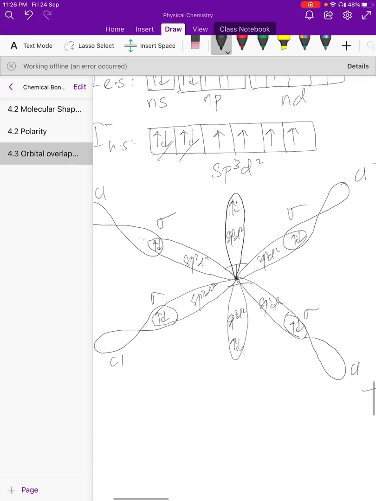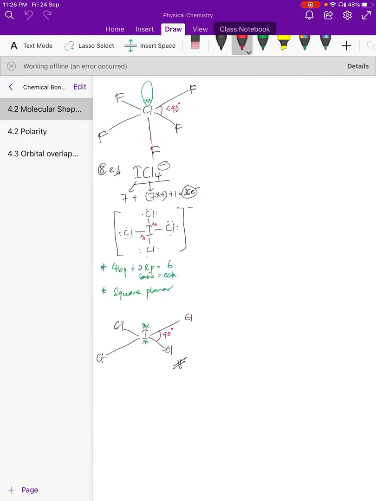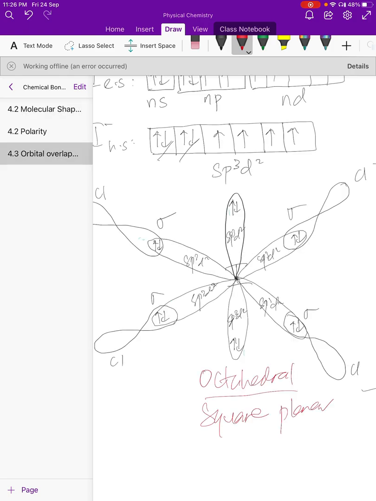And by geometry of hybrid, this is octahedral geometry of hybrid, but molecular shape is square planar. Okay, you can check here. Previously we have done square planar. So orbital overlapping or hybrid geometry is octahedral. Thank you.